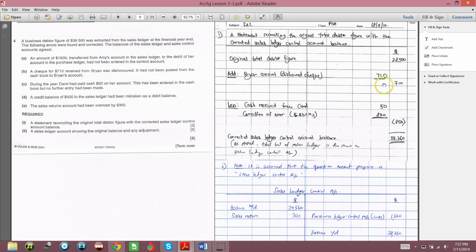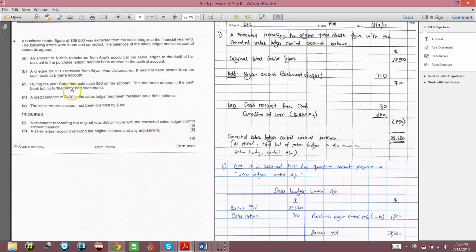Okay, at Brian account. C, during the year, Carol paid cash $50 on her account. This had been entered in the cash book, but no further entry has been made. So if it has been entered in the cash book, that means the control account would be correct. Okay, so the individual account would have missed out this one.